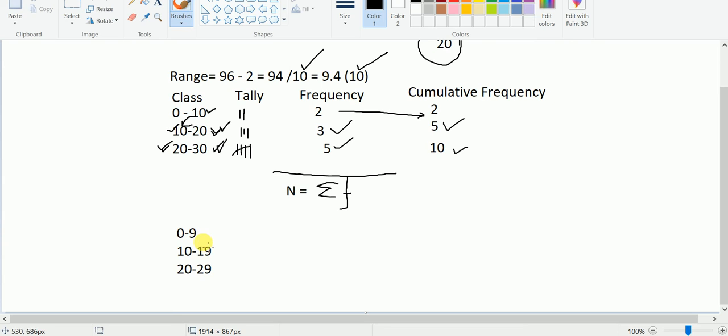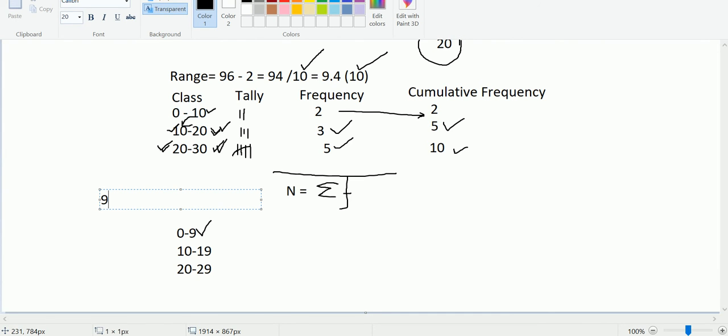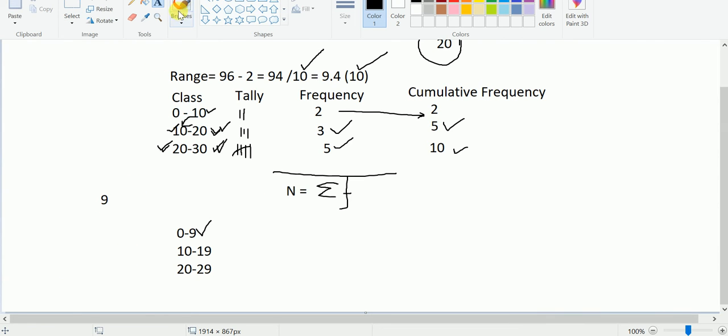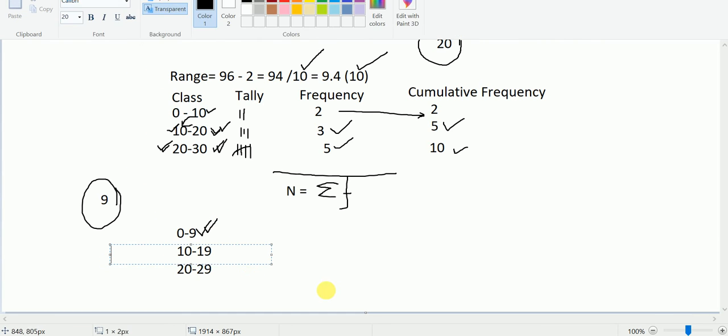In this case, a value of 9 will be counted here. Say for example, here we have a value of 9. This value 9 is to be counted and included here. Likewise, another value, for example 19.